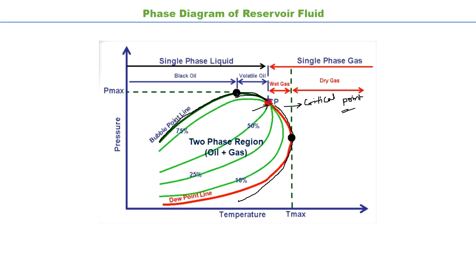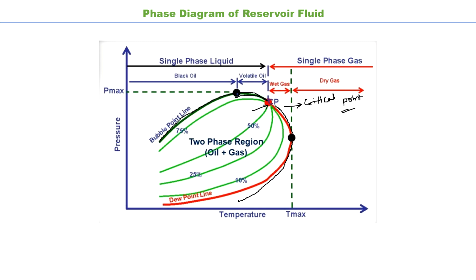Now the question is, what is bubble point? Bubble point is the pressure at which gas evolves out from the oil. That is, the oil has sufficient gas in solution to fully saturate it.